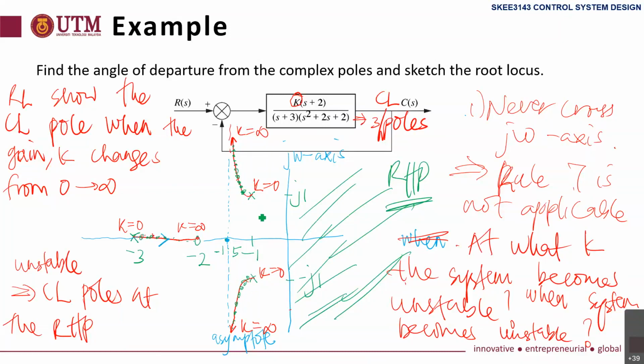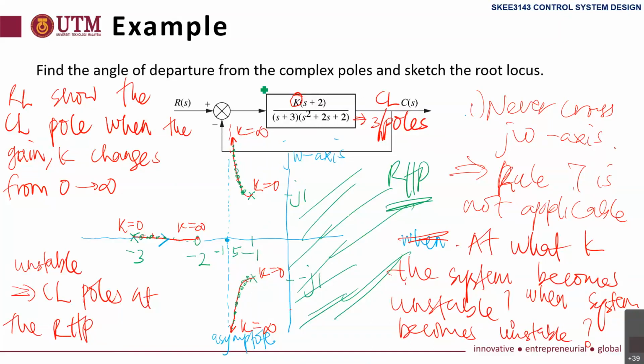Finally we plot it as a line, but it's actually based on many points of closed loop poles. So we can see here the closed loop pole will never cross the j omega axis.